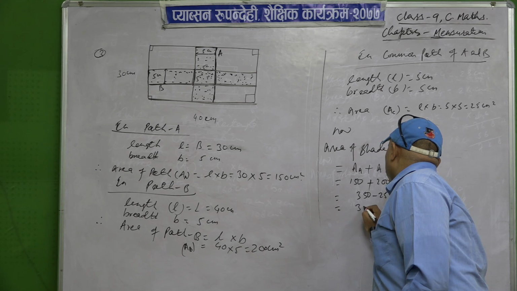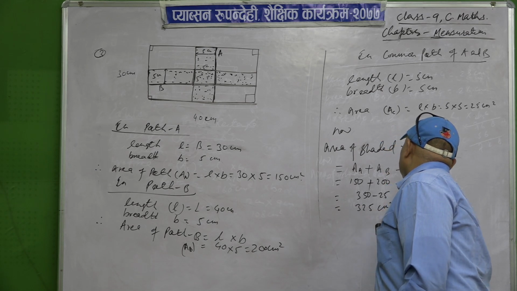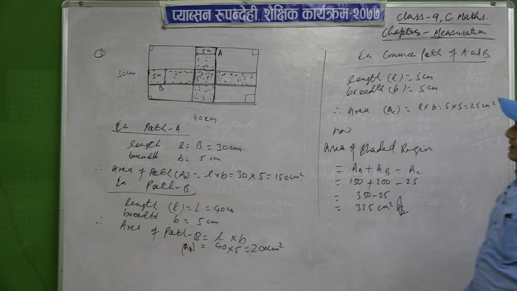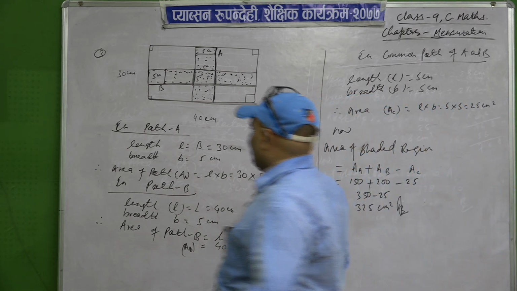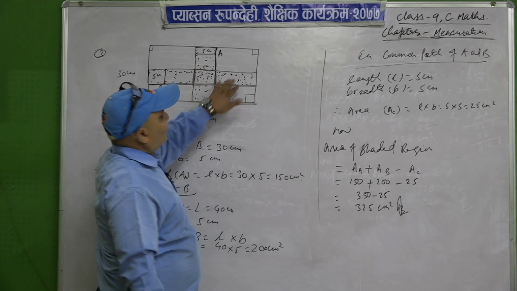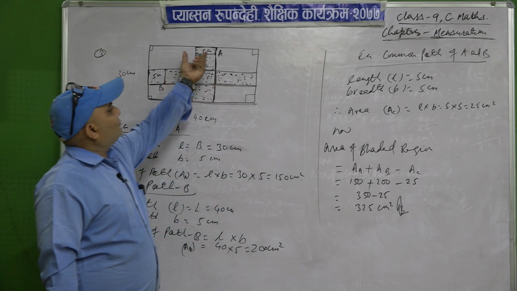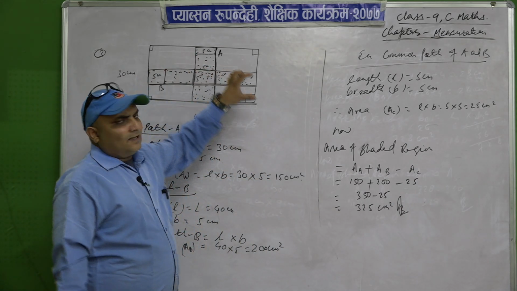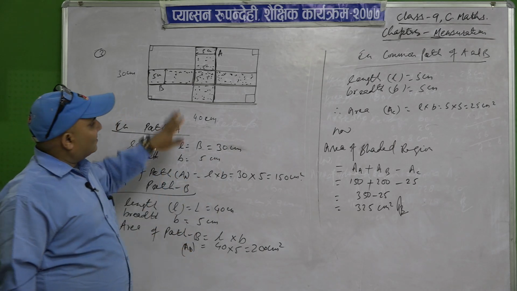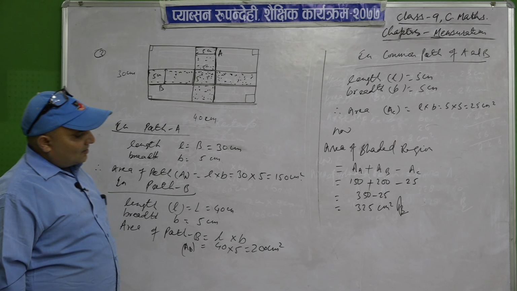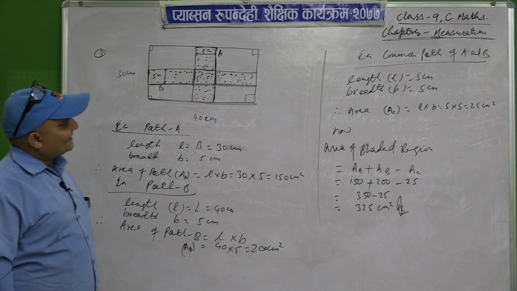This is equal to 325 centimeter square. So in this way we can find out area of this kind of shaded region when 2 uniform paths or roads intersect perpendicular to each other. Okay, in this way we can find out the area of this shaded region.